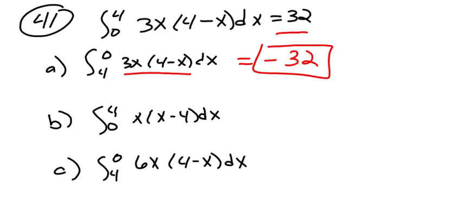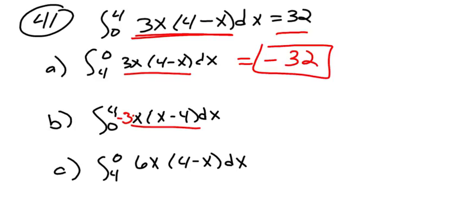Now, for part b, I have the right bounds, 0 to 4, except my function was manipulated somehow. It looks like if I was to multiply in a -3, I should get back to the function I had originally here. So it's like they factored out a -3. That would help with making that match identical.